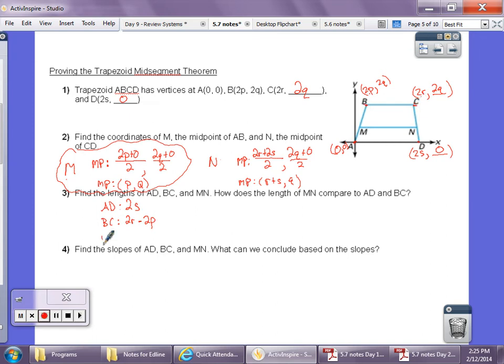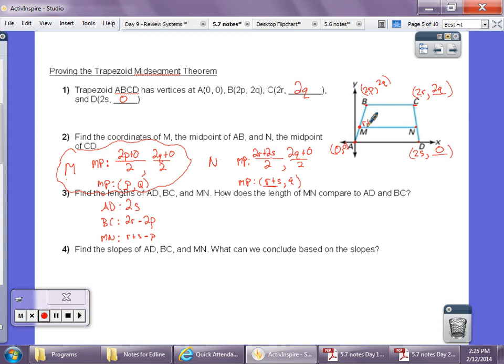And then the length of MN, from M to N, is this value minus this value. So from M to N, we have R plus S minus P.